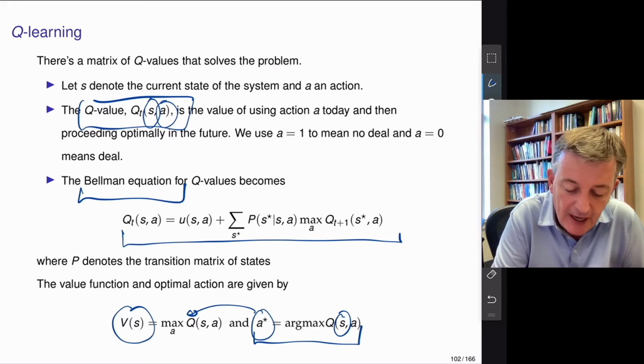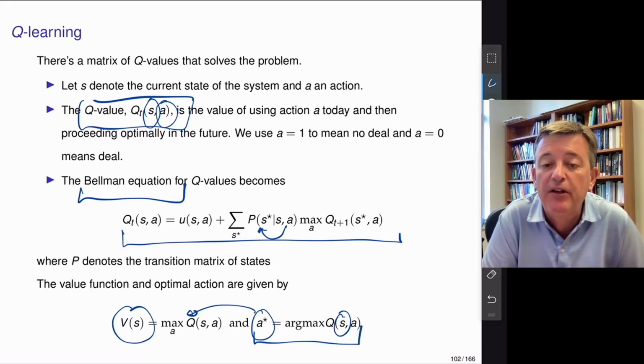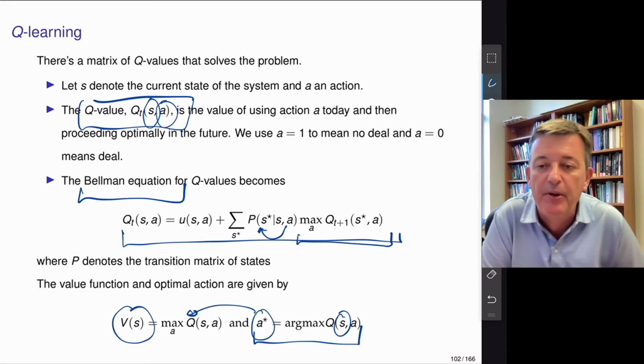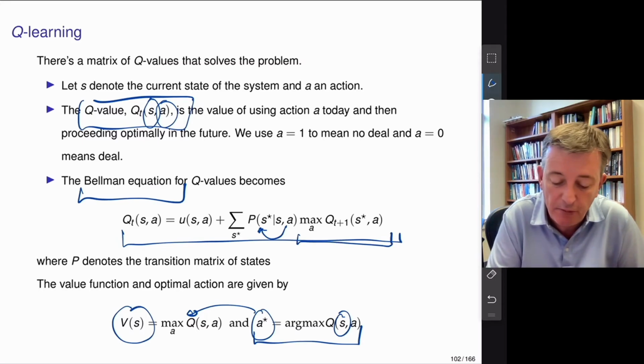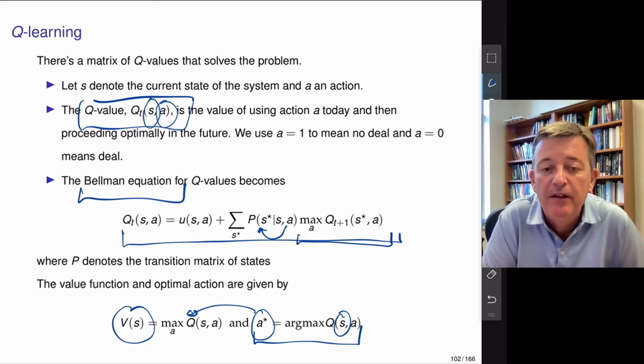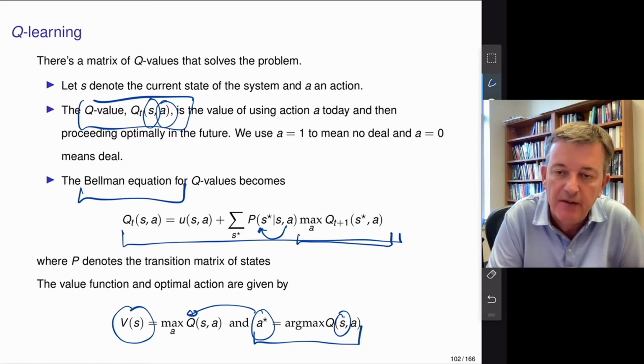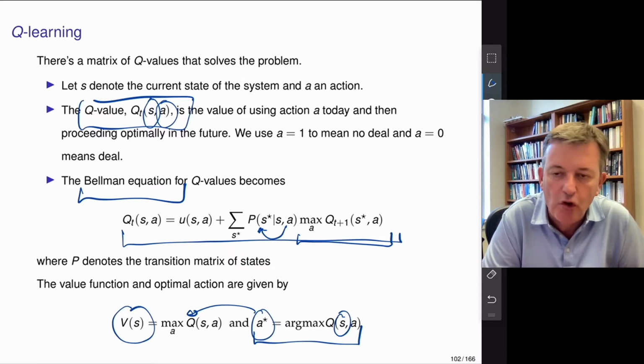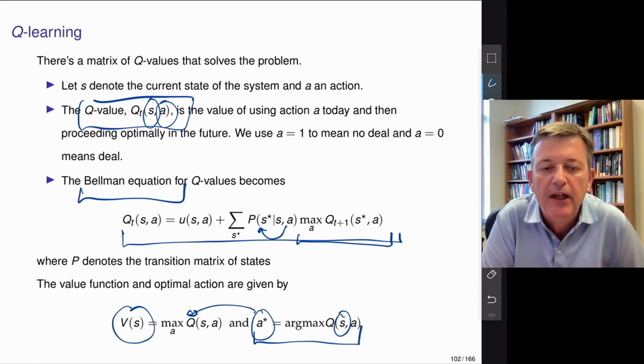So if I'm at state S and I do action A, there's a certain probability of generating a new state S star. And then remember Bellman's principle of optimality, I'm going to act optimally going forward. So I would need to know this continuation value here, and then I would just add in the expected value over all possible states. So it's what's known as a nonlinear difference equation, or nonlinear integral equation, for the Q matrix, and so it's tough to solve that.